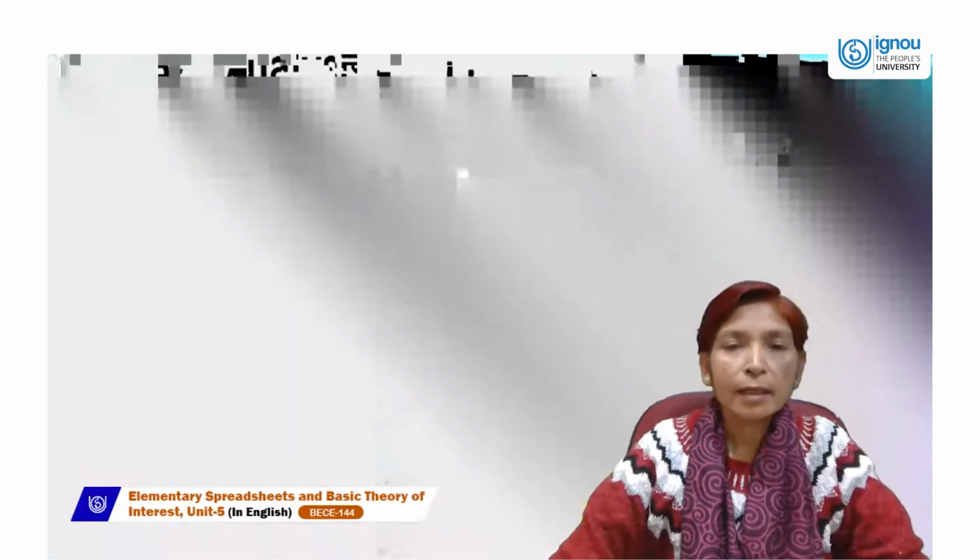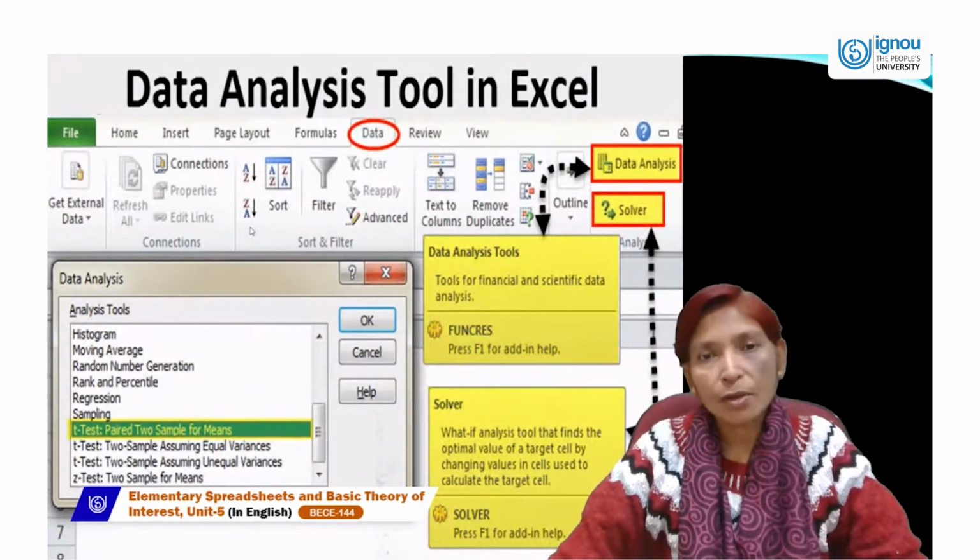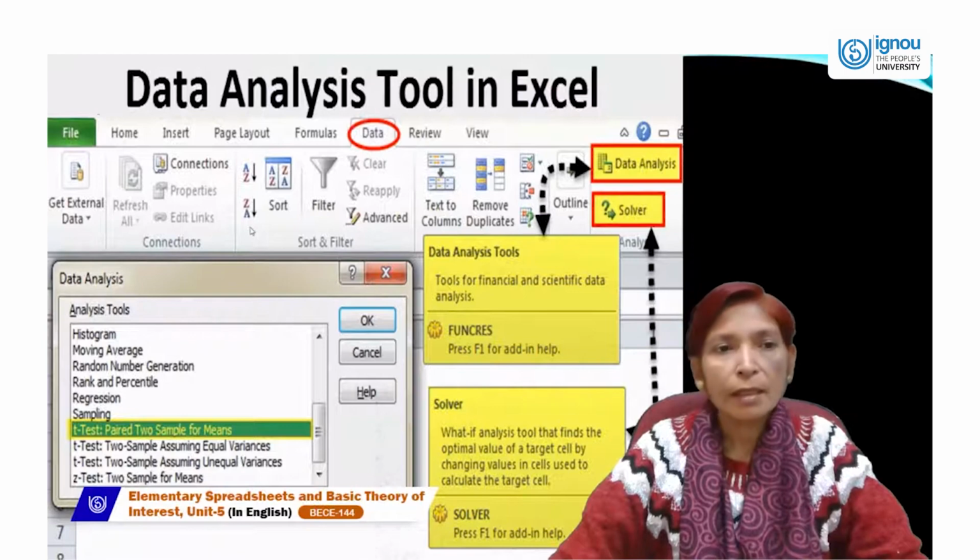Here, data is given. If we want to analyze collected data with the help of the Microsoft Excel program, then we have to use this word where data is given.